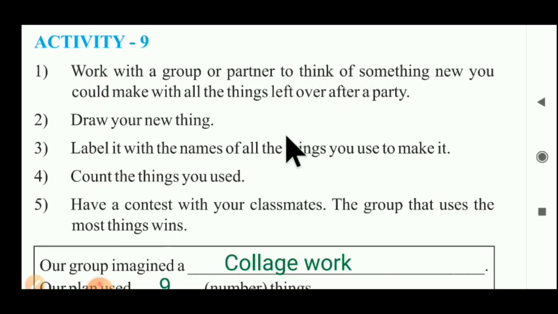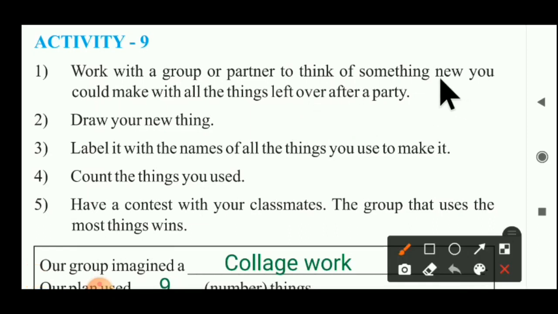In activity number 7 and 8, we make a list about things which is left over after the birthday party. Using that things we have to make a new things from that left over things.